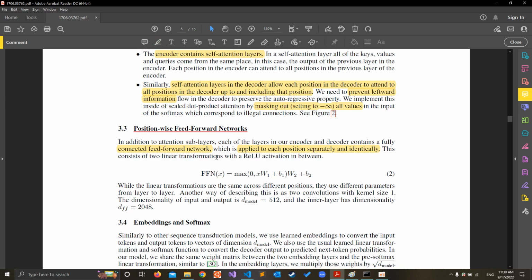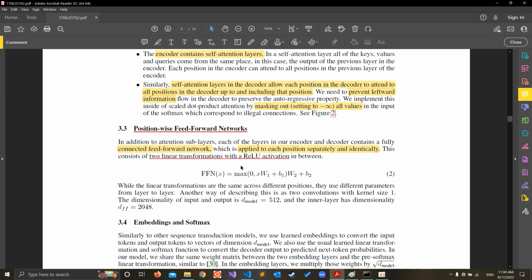This consists of two linear transformations with a ReLU activation in between, which seems not that hard. We are just going to use two linear transformations with a ReLU activation function.